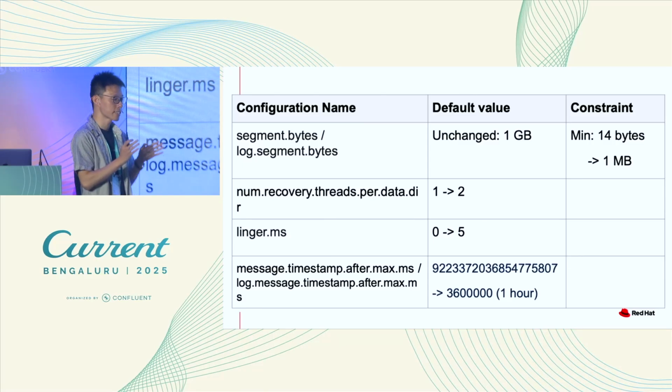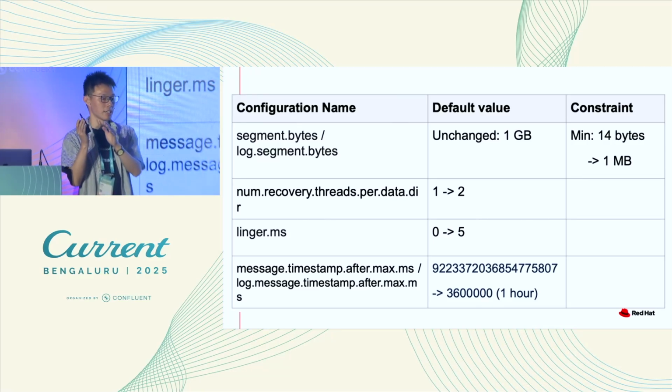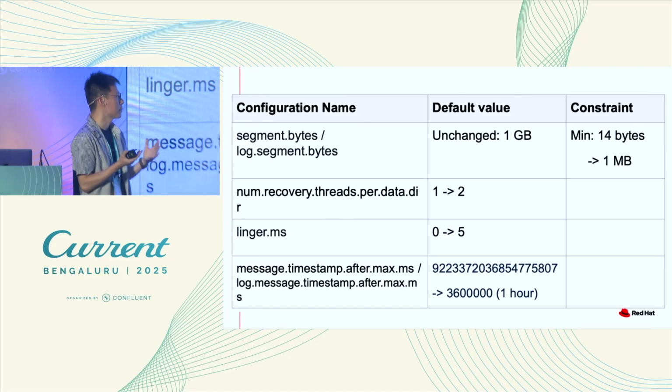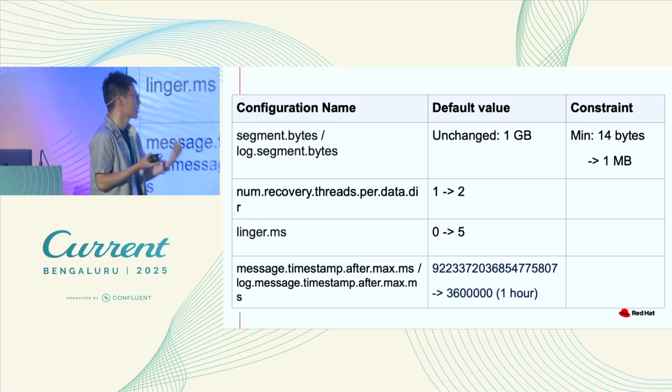So it's really safe to increase this recovery thread number to adapt to your hardware spec. We think 1 is really small, at least in the current era. So 2 might still be small, but we are just being conservative. You can tune that yourself. If you have 4 cores in your hardware, why not change it to 4?